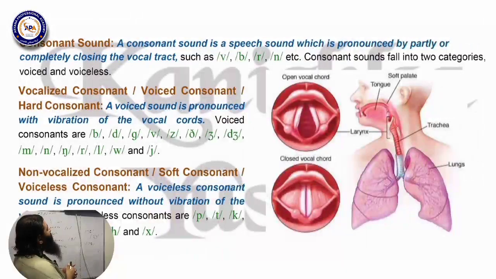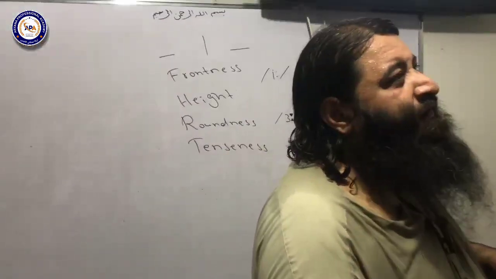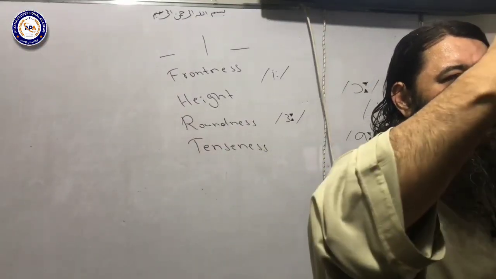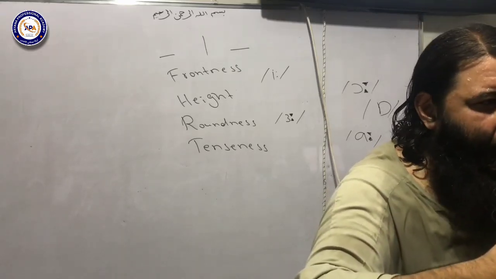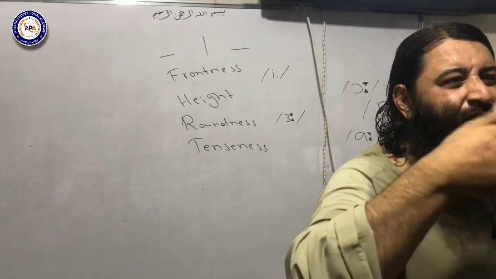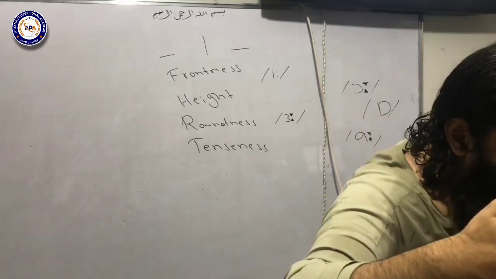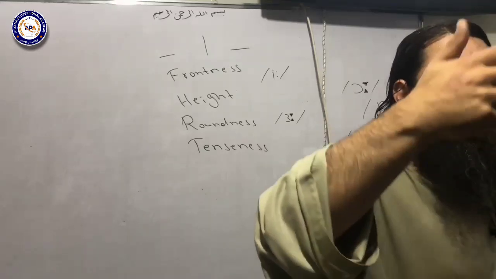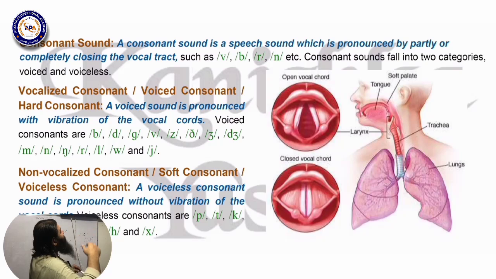Next, we have consonant sounds. Yesterday, we said that in vowel sound, tongue is in the air and the air flows freely, no blockage of air. And the tongue does not touch any part of the mouth, nor do other pronunciation organs like lips, teeth touch each other. But a consonant is the opposite.